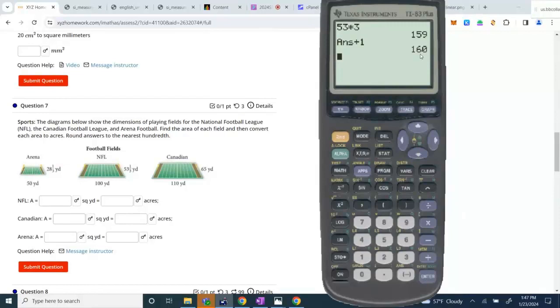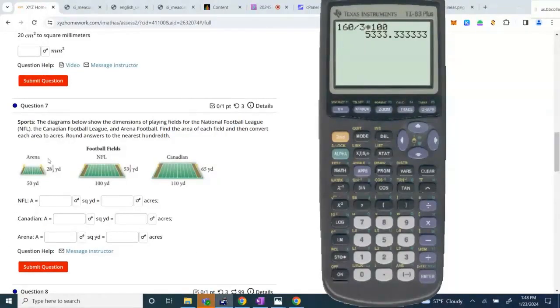So that's going to give me 160 divided by 3. If I take 160 and divide that by 3, that's going to give me that 53 1/3. So let me do 160 divided by 3, and then I'm going to multiply that by 100.